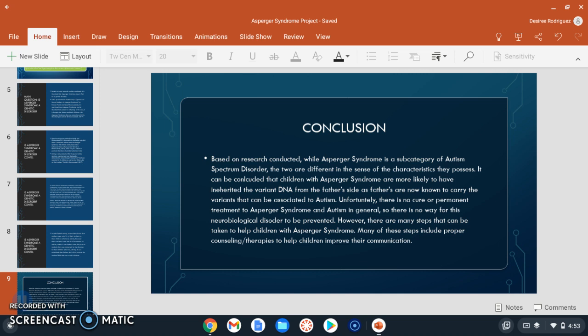Essentially, these therapies help children with autism and Asperger's syndrome adjust and adapt their life to it. It helps improve their communication skills, as cognitive and communication skills are the most affected in children who have Asperger's syndrome. Essentially, these therapies just help children with Asperger's syndrome live a better life.